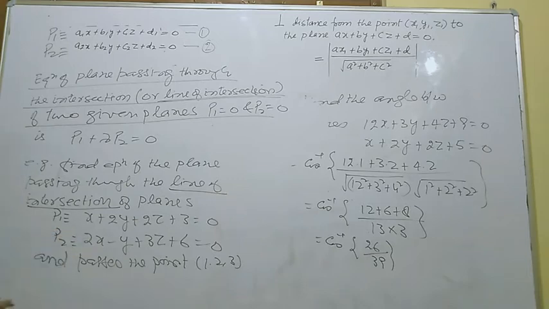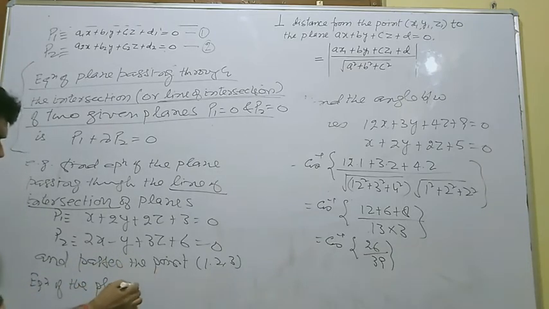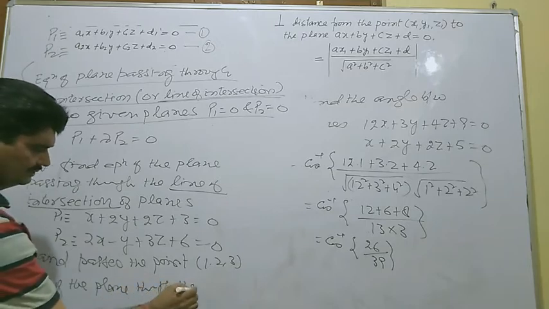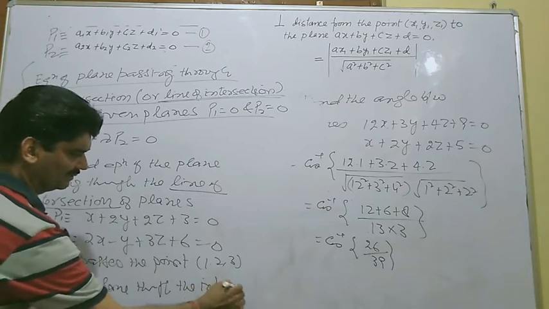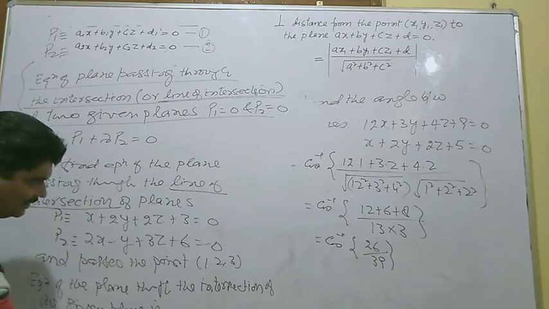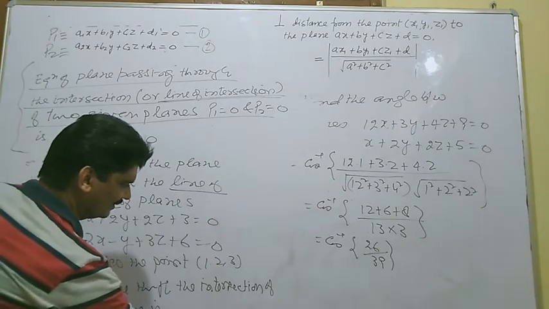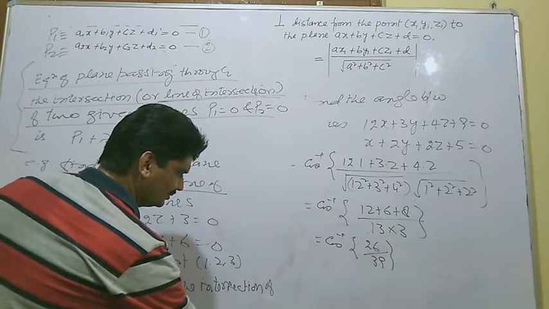Then the equation of the plane according to our concept, through the intersection of the given planes, is x plus 2y plus 2z plus 3 plus lambda times 2x minus y plus 3z plus 6 equal to 0.